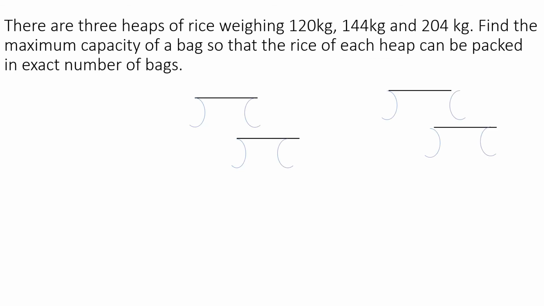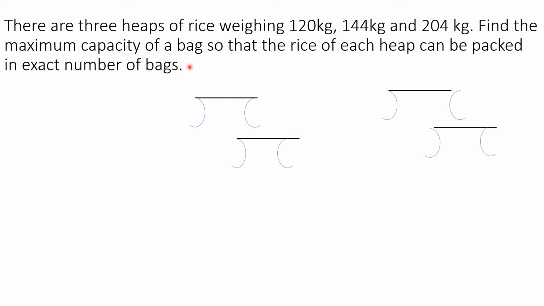Now again understand this. There are three heaps of rice weighing 120 kilogram, 144 kilogram and 204 kilogram. Find the maximum capacity of bag so that the rice of each heap can be packed in an exact number of bags. Now here, first hint, maximum capacity of bag, right?